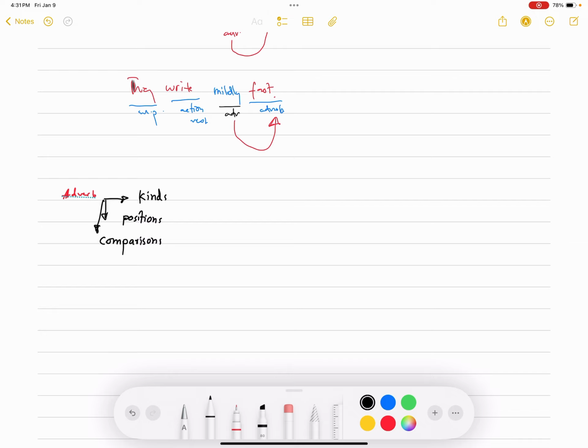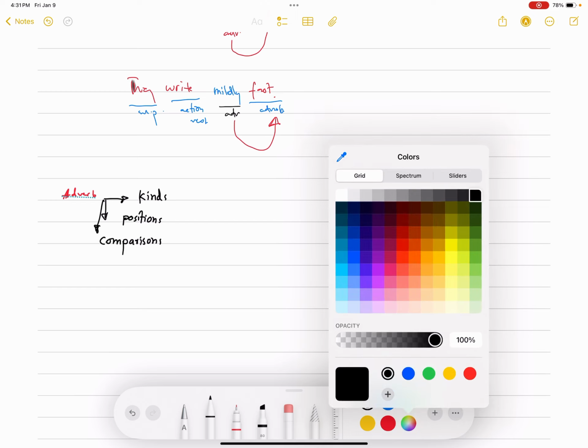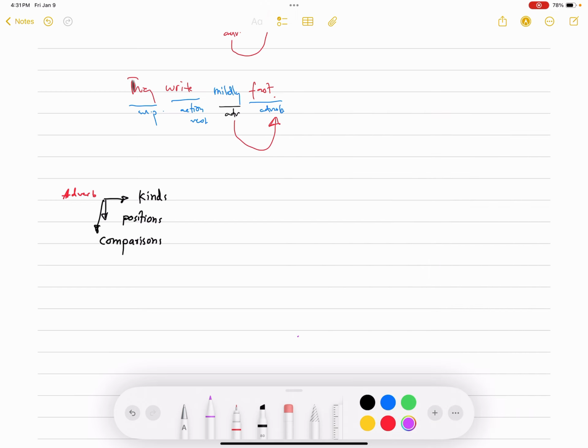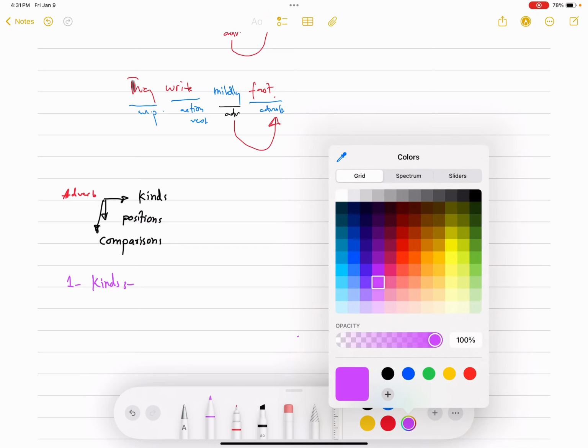The first part, what should it be? Kinds. What does it mean by kinds? Kinds means types. Number one.